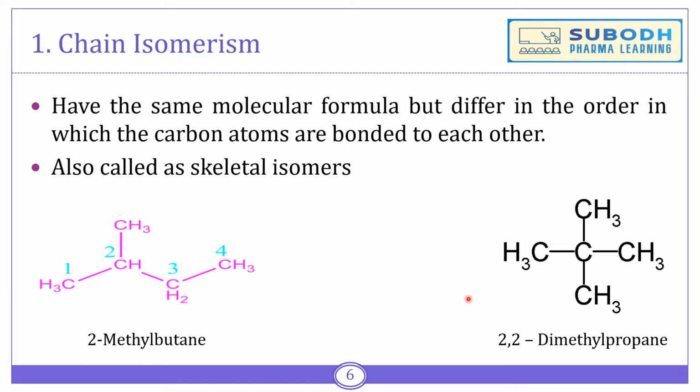And in the second structure, two methyl groups are attached to the second carbon atom. So the IUPAC name of this compound is 2,2-dimethylpropane.